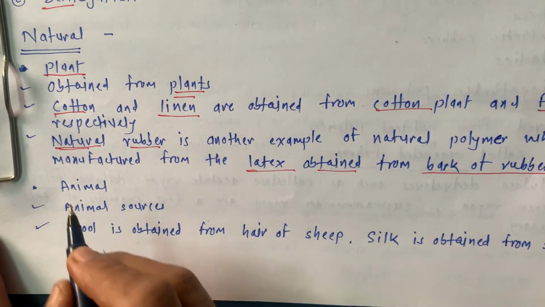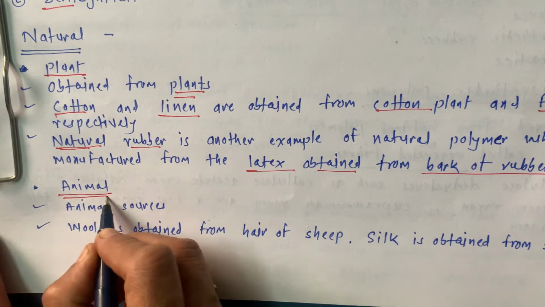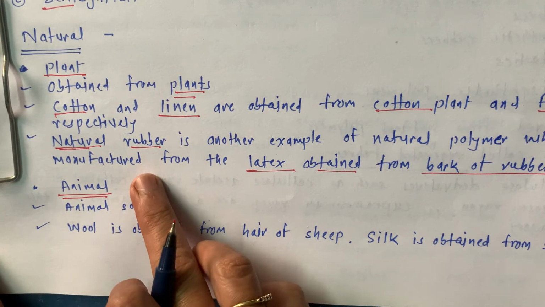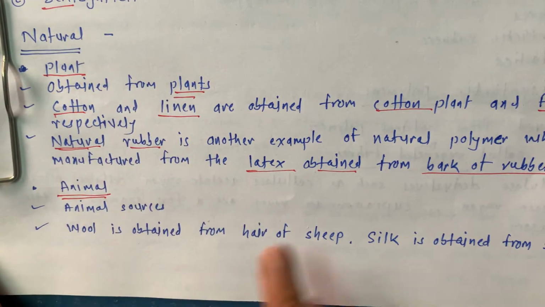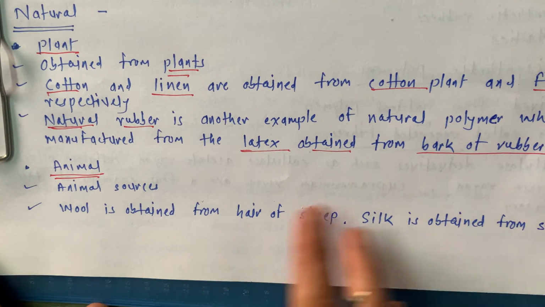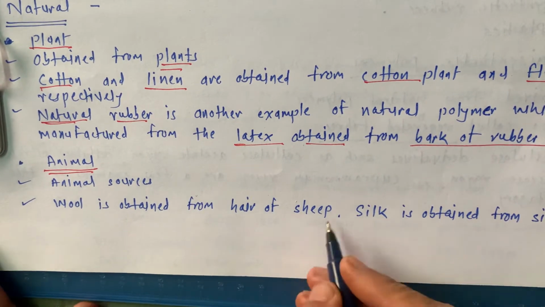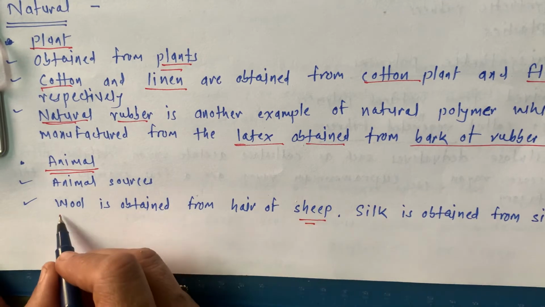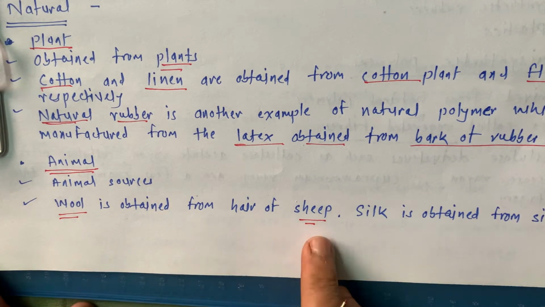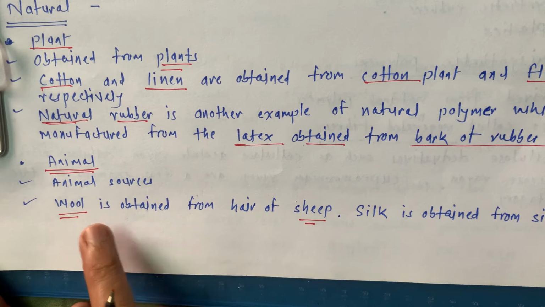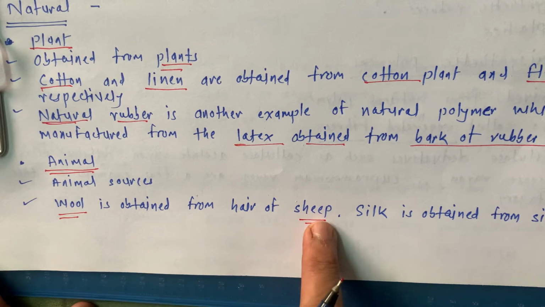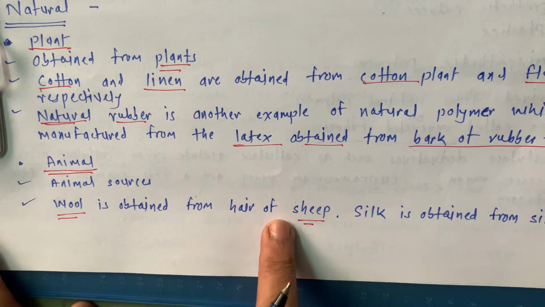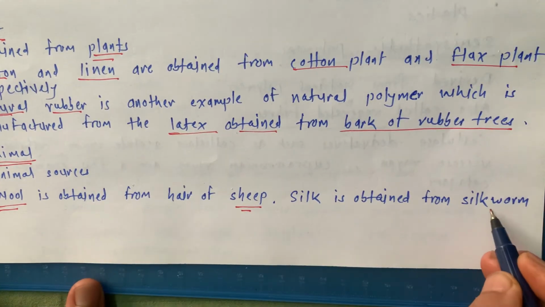Okay, another source is animal. This is also a natural source. Which are those animal sources? One is the sheep. From the sheep we get wool, which is nothing but the hair of sheep. The other is the silkworm.